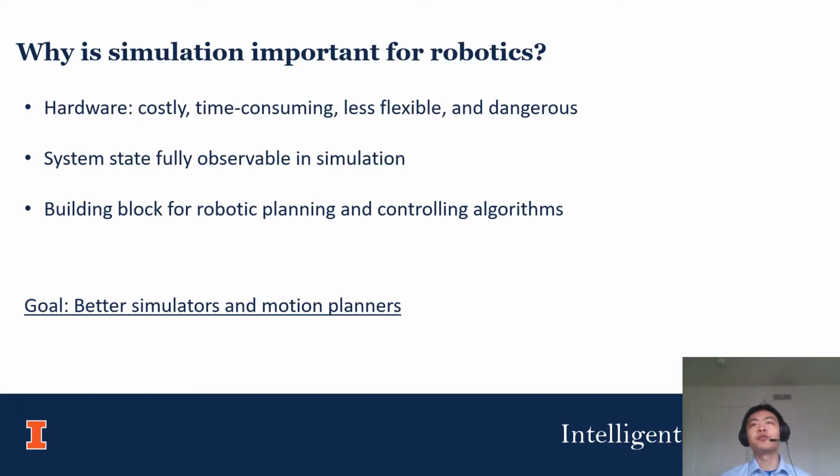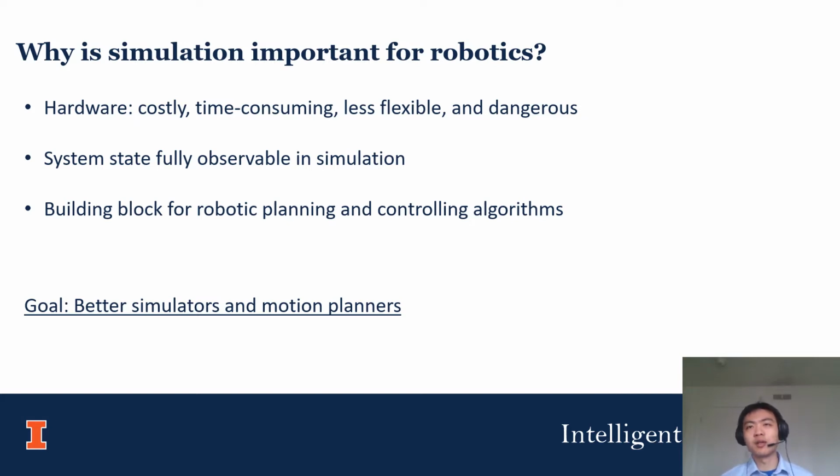I'd like to start by talking about why simulation is actually important for robotics. First of all, simulation allows roboticists to efficiently develop and iterate mechanisms controlling algorithms before actually involving hardware, which could be very costly and sometimes even dangerous.